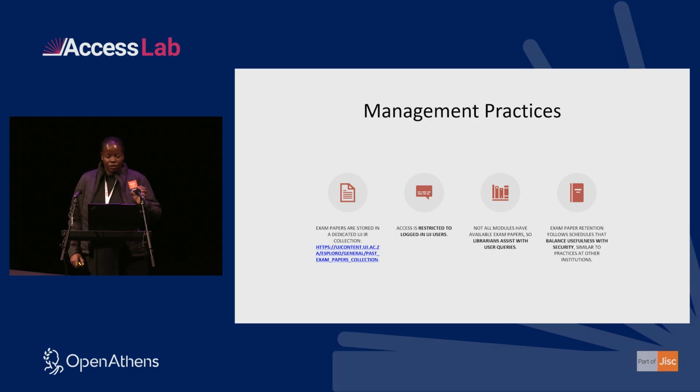There's a collection called exam papers. You will have to sign in to that collection to be able to see all the PDFs of the exam papers as well as the memorandums. We don't have all the exam papers, but we have the majority of the exam papers that are found online.